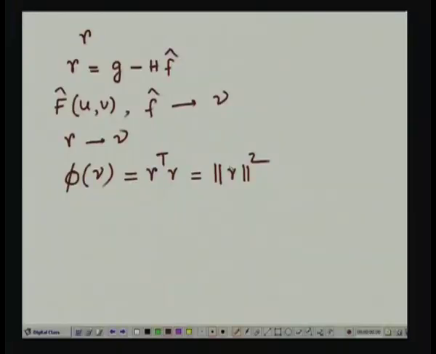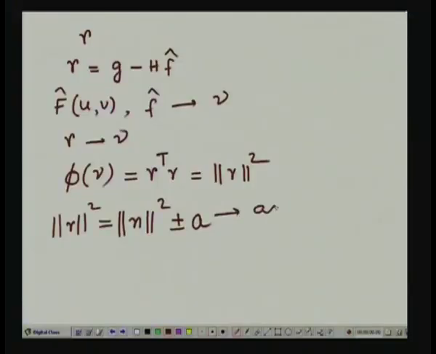So, our aim is to estimate the value of gamma such that the Euclidean norm of R, that is R square, will be equal to n square plus minus some constant a, where this a is the specified accuracy factor, which gives you the tolerance of reconstruction.